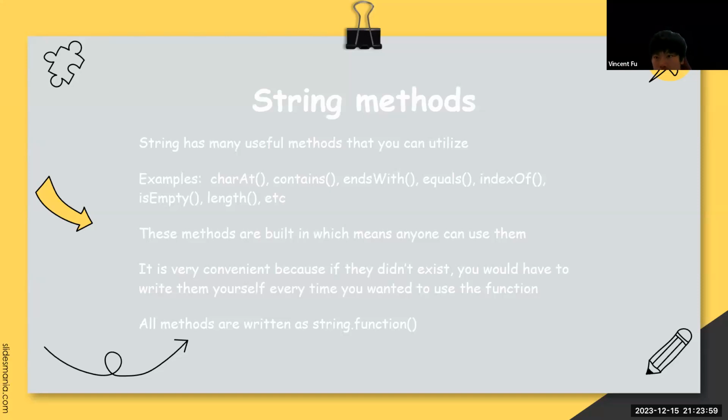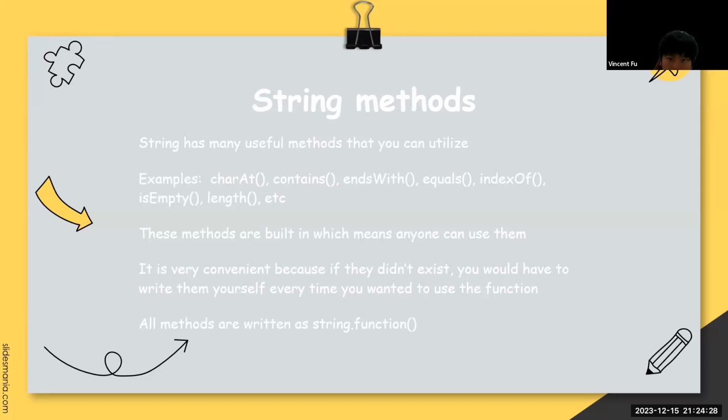This is another thing that's very convenient, because if I wanted to use one of these functions but it wasn't built in, then I would have to write it myself in my code, which just means I have to write a bunch of extra code in order to use a simple function.